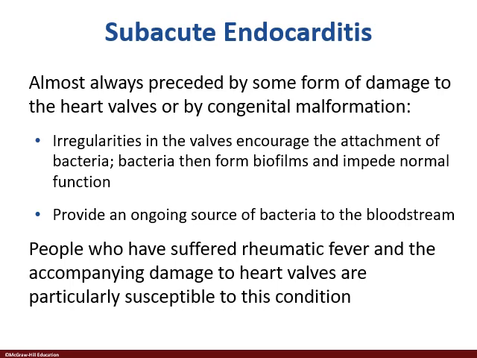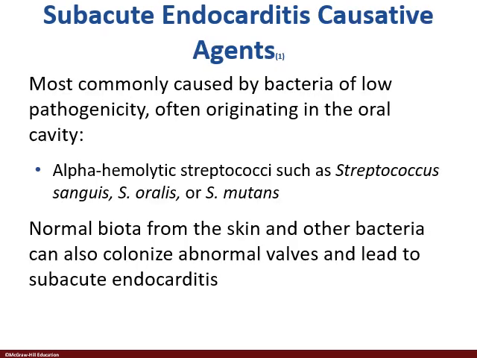This is going to lead to irregularities in the flow of the blood, even more of those little eddies, things settling out. As I talked about, Streptococcus, Staphylococcus, there are other streptococci for subacute that are associated here.